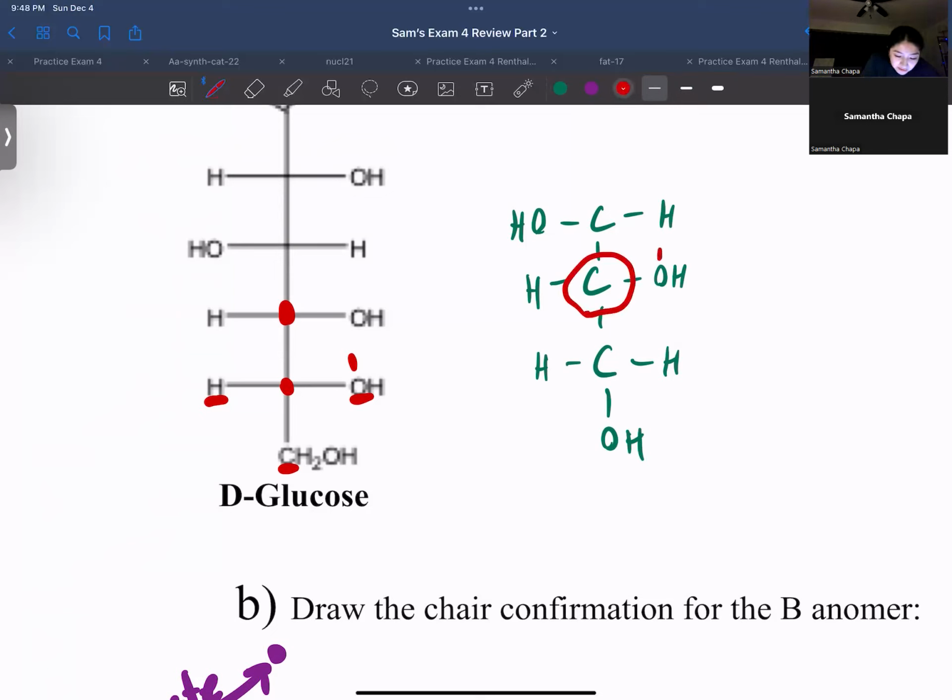I look at the next carbon. Since they're the same atom, we move to the next ones after that. On this carbon on the top, I am connected to an oxygen. The carbon on the bottom is also connected to an oxygen. Then I move on from that oxygen. What else is this carbon connected to? It's also connected to another carbon, whereas the carbon at the bottom is connected to 2 hydrogens.